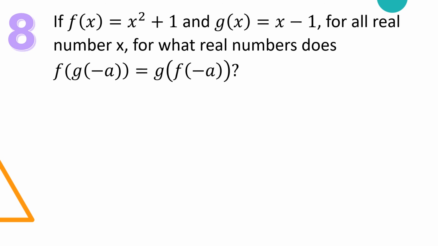Number 8. If f of x is equal to x squared plus 1 and g of x is equal to x minus 1 for all real numbers x, for what real numbers does f of g of negative a equal g of f of negative a?